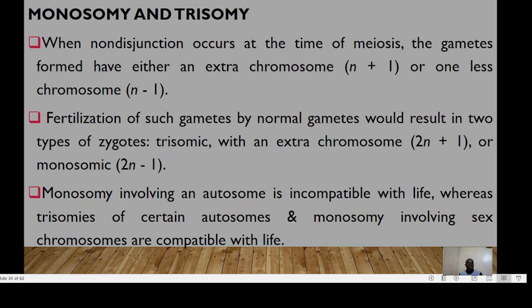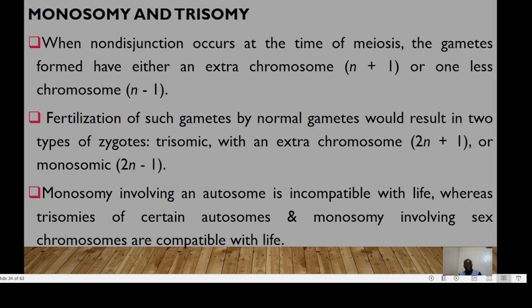So we have monosomy and trisomy. When non-disjunction occurs at the time of meiosis, gametes formed have either an extra chromosome or one less chromosome.